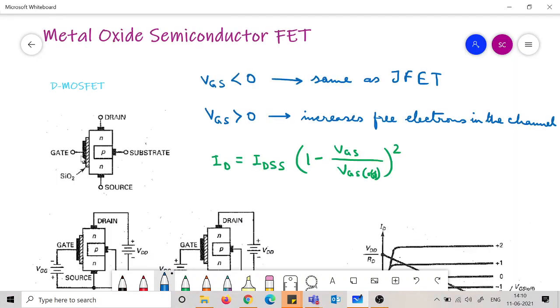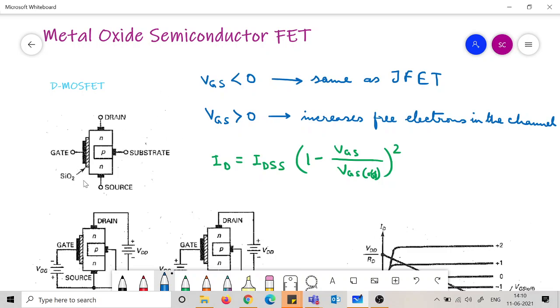So in JFET also I told you that because the gate source junction is reverse biased, there is very little current. Now the presence of an insulator here diminishes that value to even lesser current. So you can understand that the input impedance in these MOSFETs is even higher.